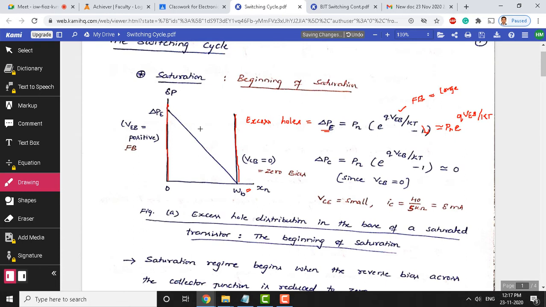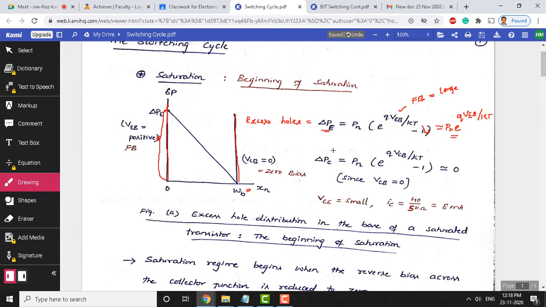This is shown as this height here. The excess hole distribution at the emitter base junction is this complete distance from here to here, indicating the excess hole distribution delta P, which is given by this mathematical equation.